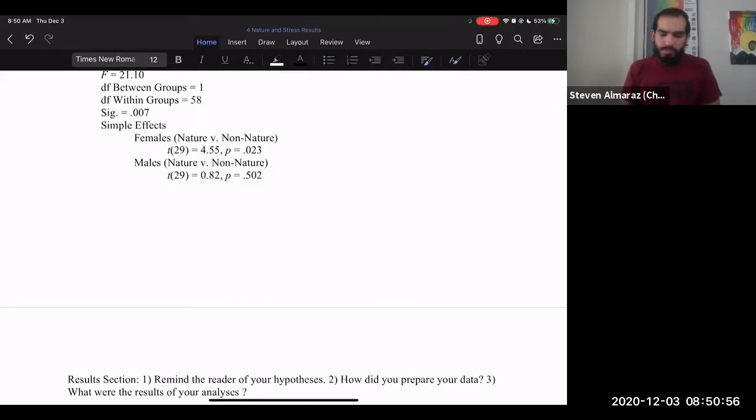Oh, you know what? I'm going to split this part into 2 sections. Instead, I'm going to do 3A and 3B. Because 3A is really what test did you run?